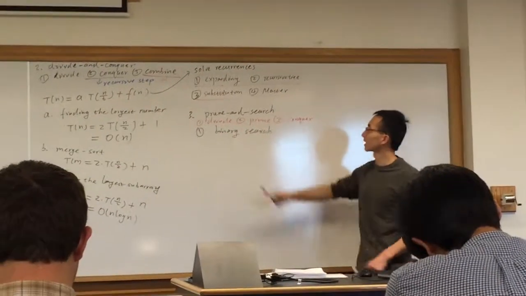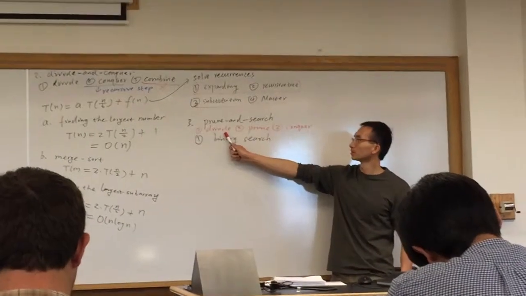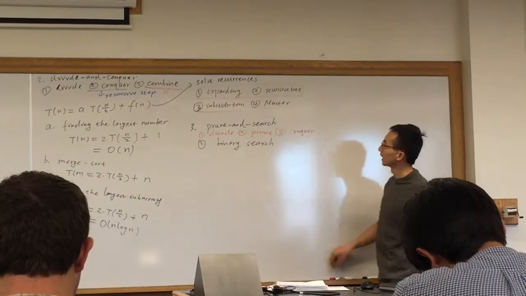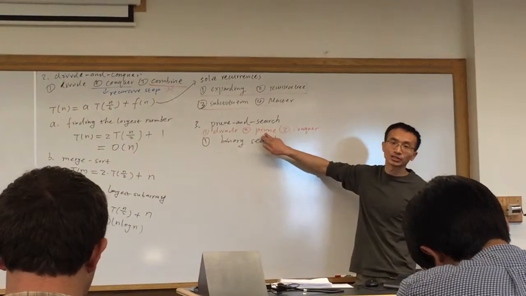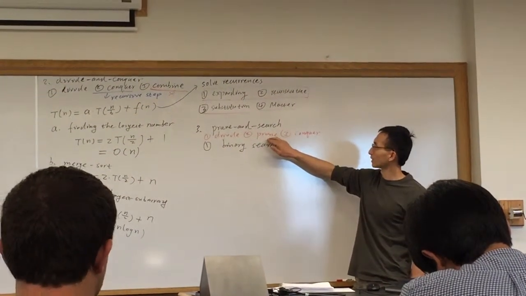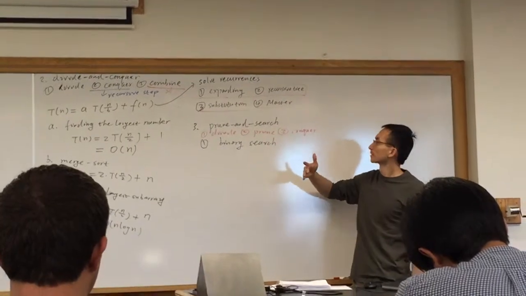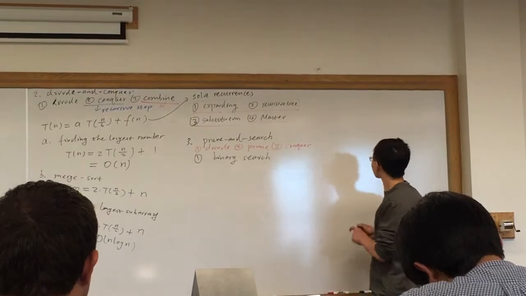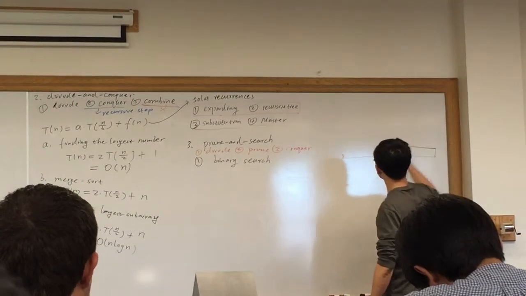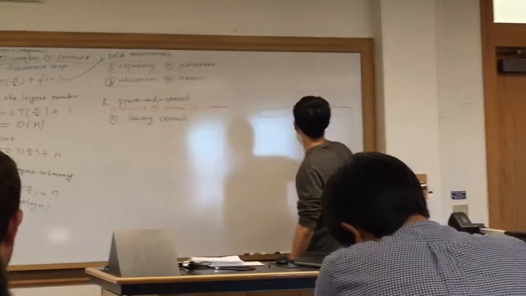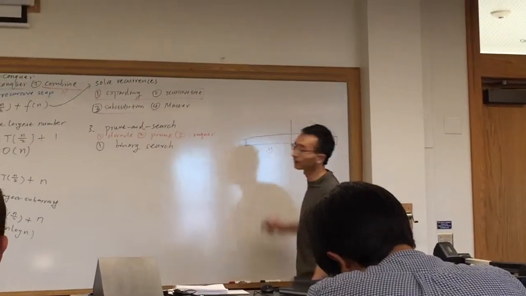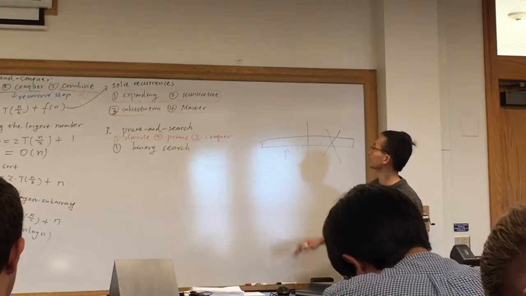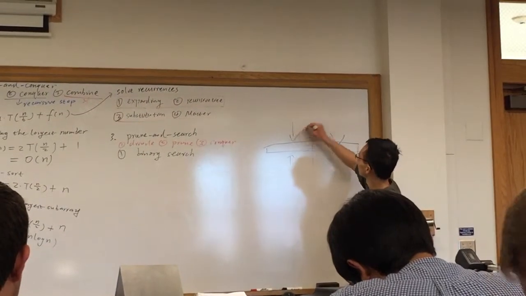So again, you want to divide the problem into many subproblems. And then, based on certain criteria, you prune a large portion of the input. So if you have an array, you prune half, you only work on this half. This is the difference from divide and conquer. In divide and conquer, normally you need to work on both of them.